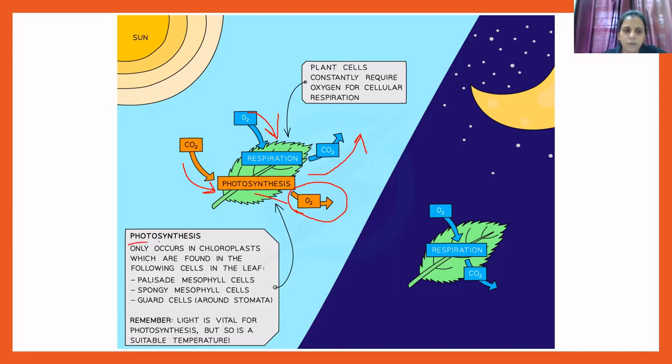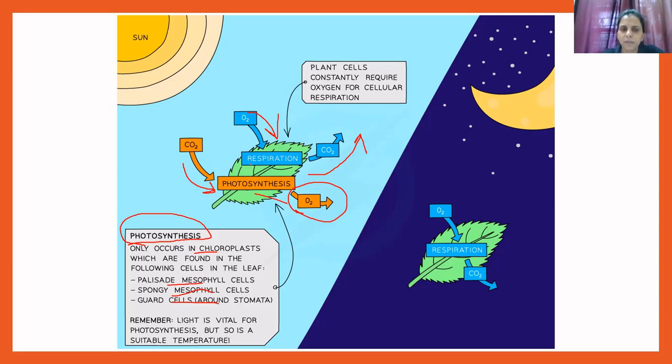Now, photosynthesis occurs only in chloroplasts, which are found in three cell types: palisade mesophyll cells, spongy mesophyll cells, and guard cells around the stomata. And respiration takes place in all the cells of the leaf, as it is a very vital process because it releases energy for all the metabolic reactions taking place inside the leaf cells.